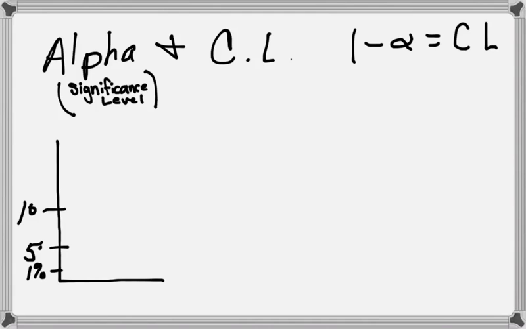Why not? So these are all percentages. Okay? When you go to decide, when do I reject my null? At your significance level, at the alpha level.